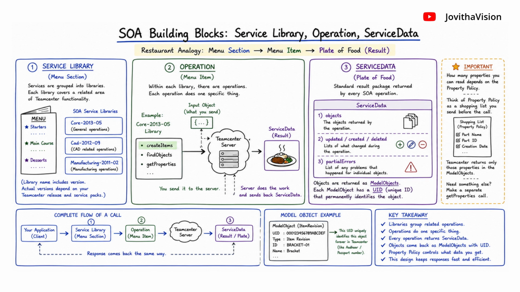Teamcenter then loads exactly those properties into the model objects in service data. If you need a property that wasn't in the policy, you have to make a separate get properties call to fetch it. This design keeps responses fast. You only load what you actually need.